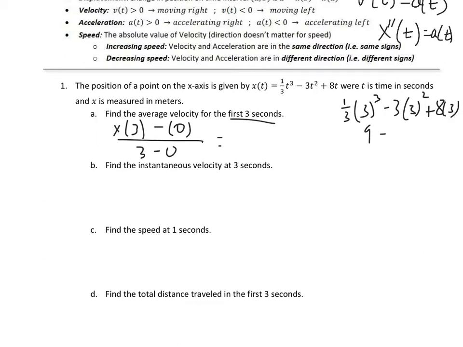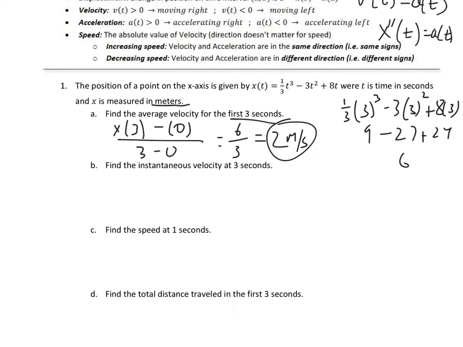This is going to be 9, this is going to be 27, and this is going to be 24. So that's 33 minus 27, which is 6. So this is 6 over 3, which is 2. That's its average velocity.